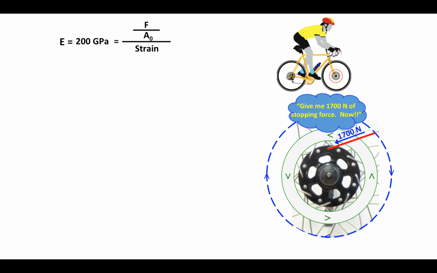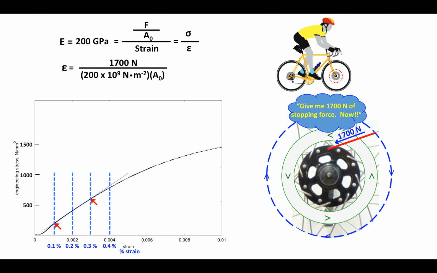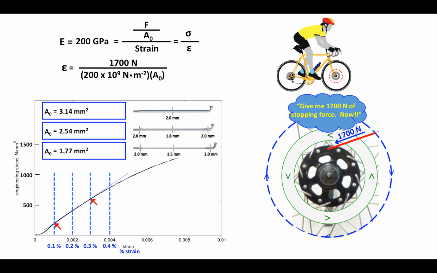Now, there's my formula for elastic modulus, which is sigma over epsilon, and my epsilon becomes 1,700 newtons divided by 200 times 10 to the 9th newtons per square meter times the cross-sectional area of the spoke. These are my three spokes, and these are my three cross-sectional areas.